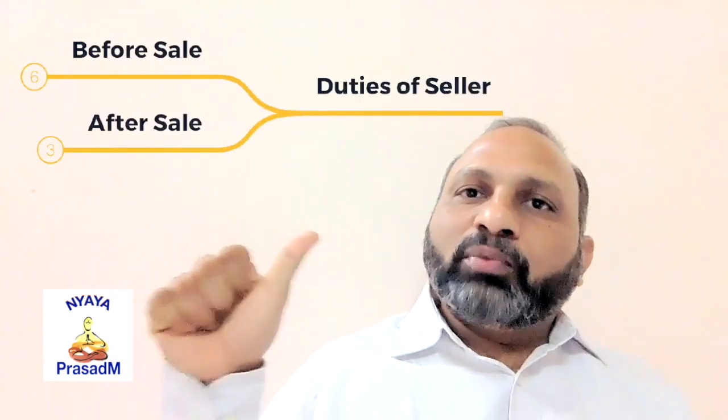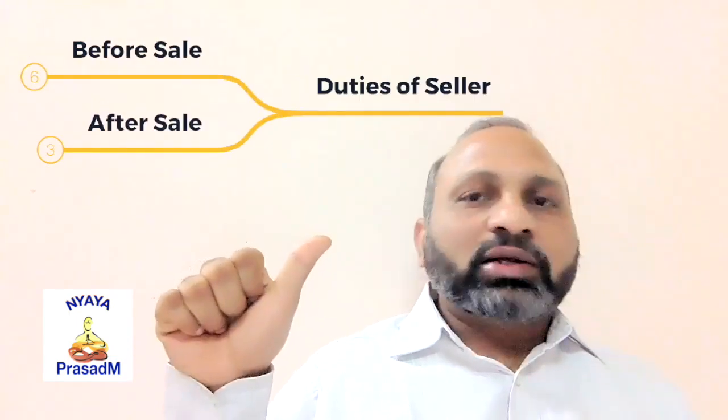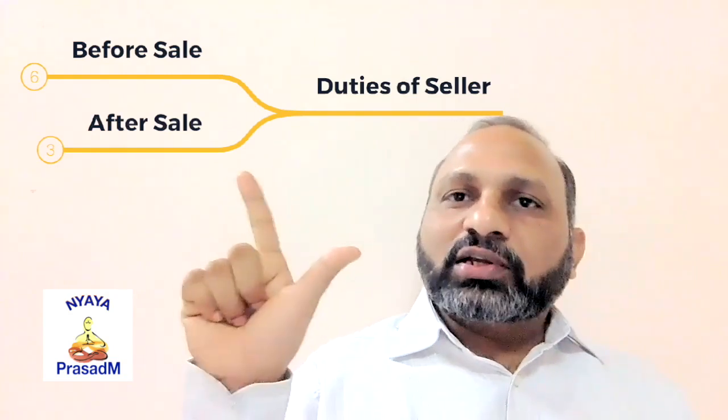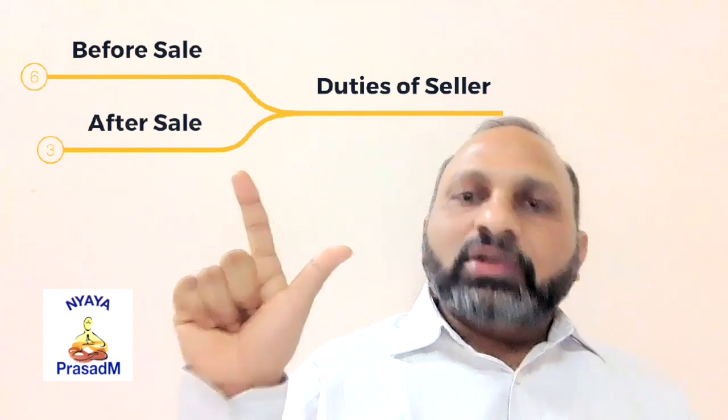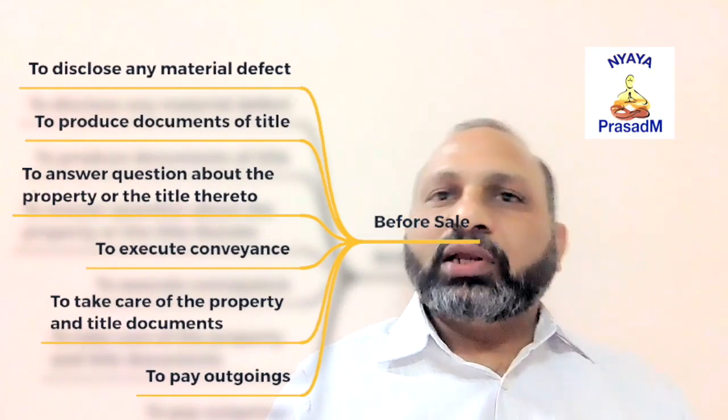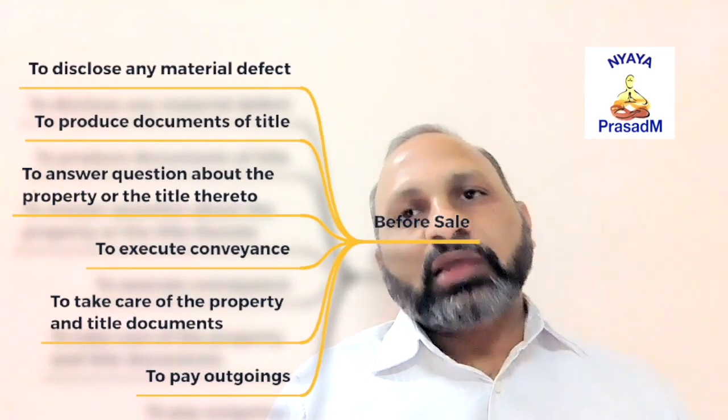The seller duties we can divide again into two types. First one is before selling the subject matter, or before performing the sale. The second one is after performing the sale. So let's see each of these. The very first duty is to disclose any material defects that are there in the property.